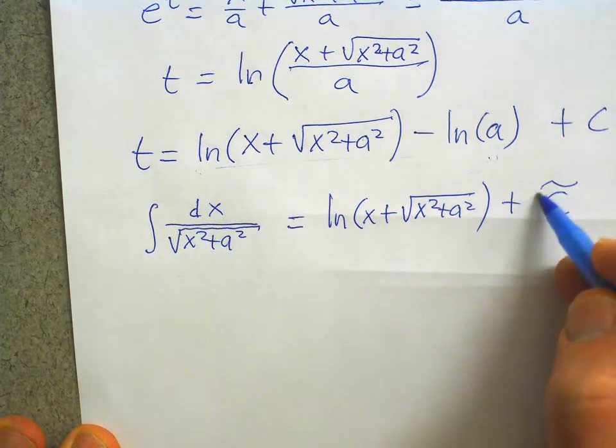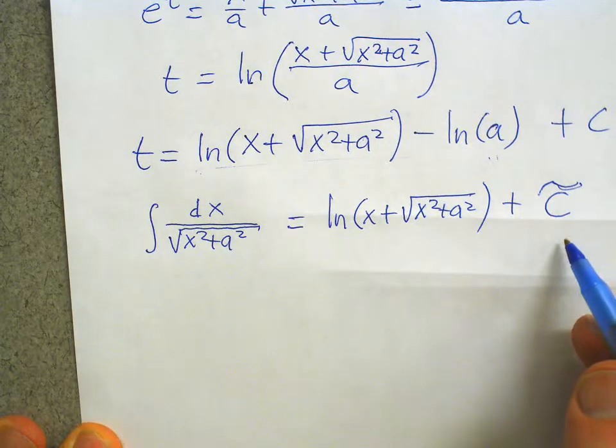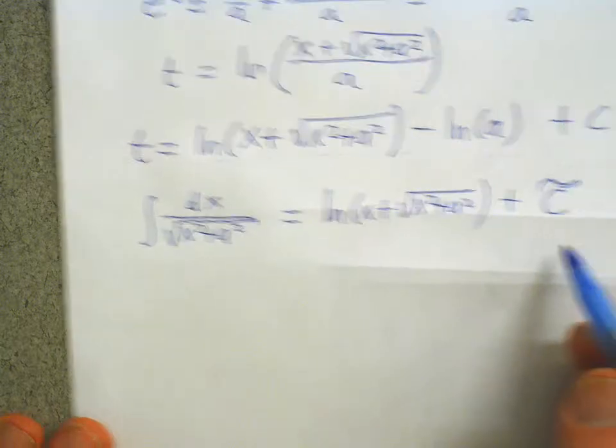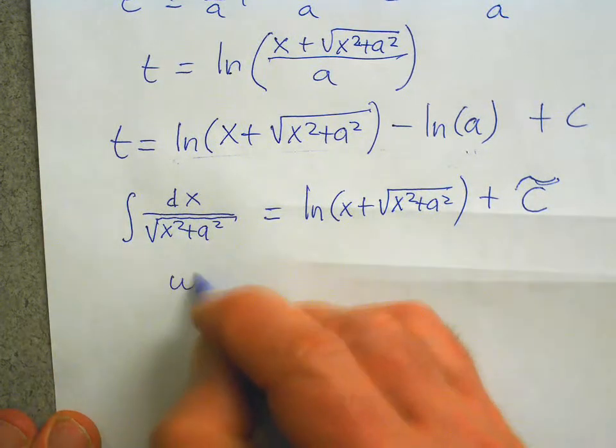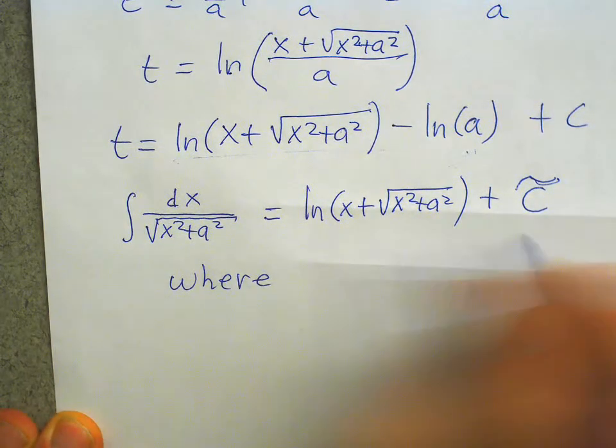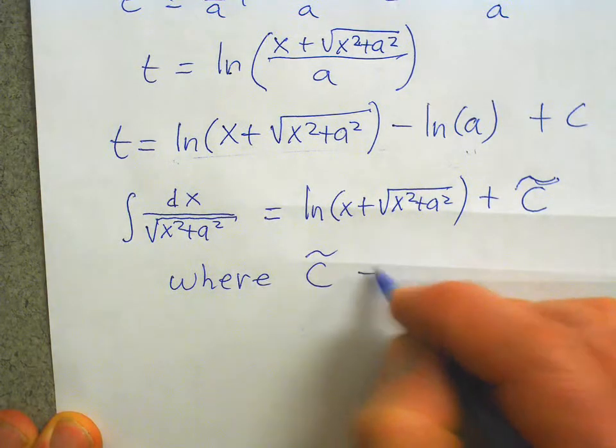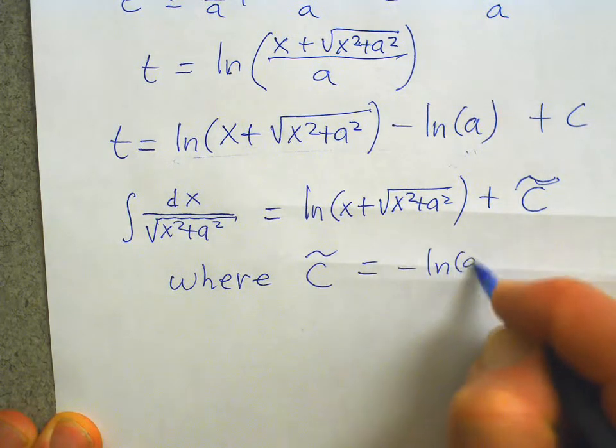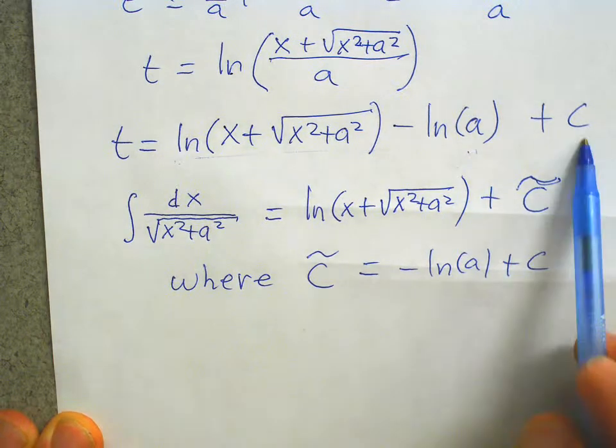I'll put c tilde, where this constant c tilde is just negative natural log of a plus the original constant of integration.